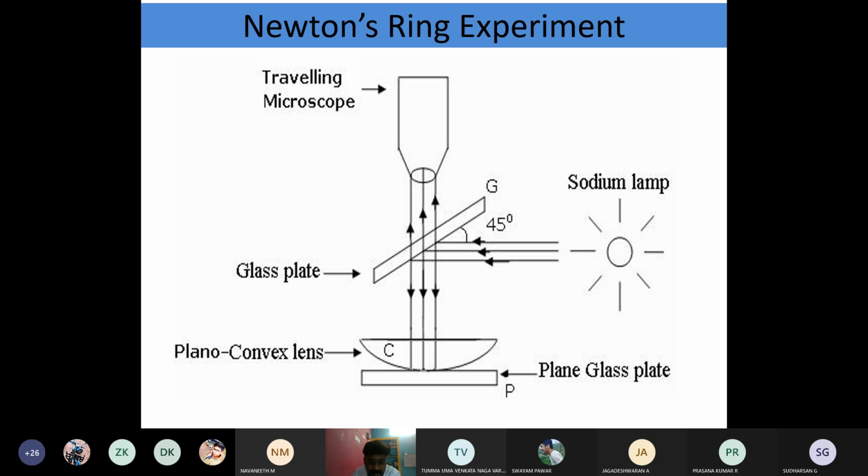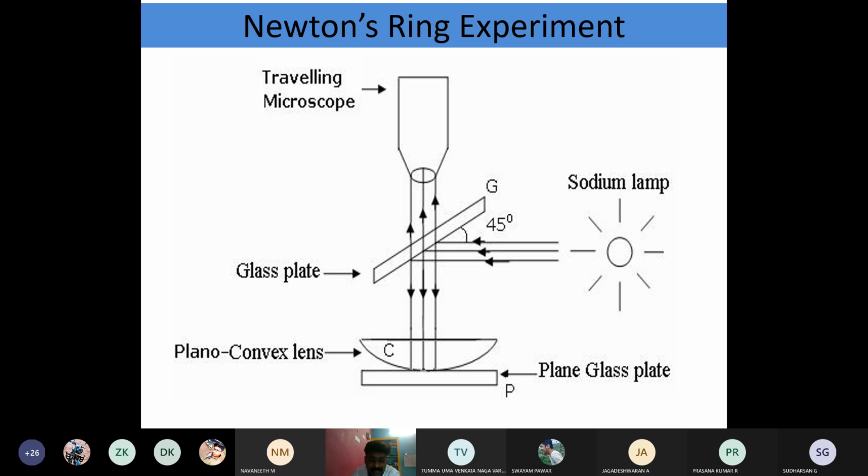So this is the experimental procedure. I will just explain this once again. Considering a sodium vapor lamp, the radiation falls on the glass plate inclined at an angle of 45 degrees. Then it reflects from the glass plate. The ray transmits through the plano-convex lens, then to the plain glass plate.